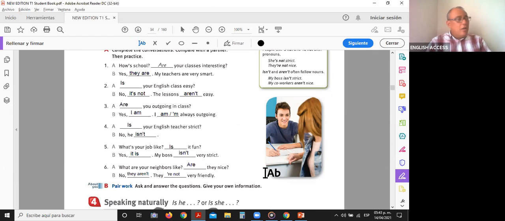Meaning that they are not very friendly. Because the question is, what are your neighbors like? Are they nice? No, they aren't. No son buenos. They are not very friendly. No son muy amigables.